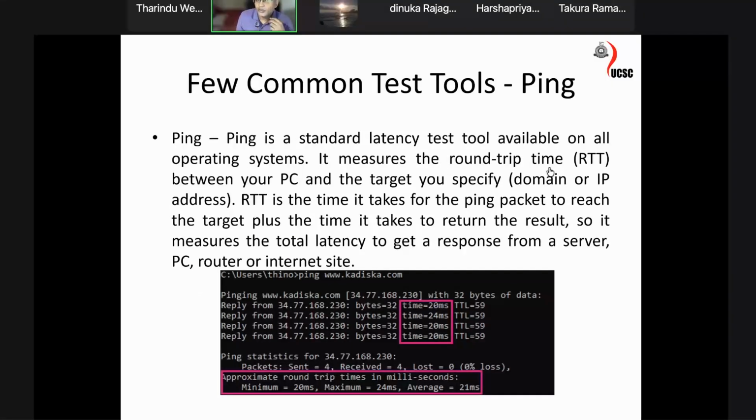Okay, the most simple and basic troubleshooting tool, which everybody knows, is ping. We have been discussing this in troubleshooting approaches as well.